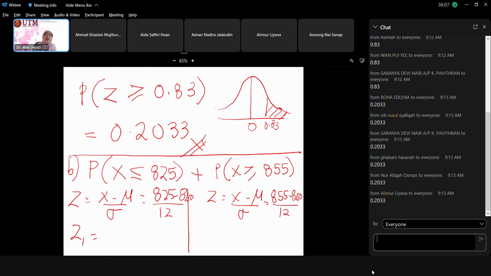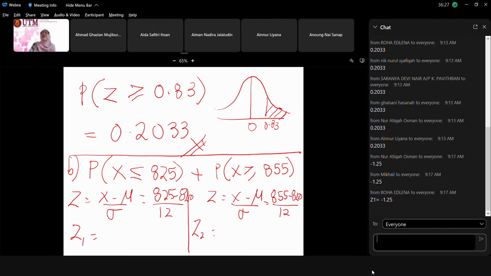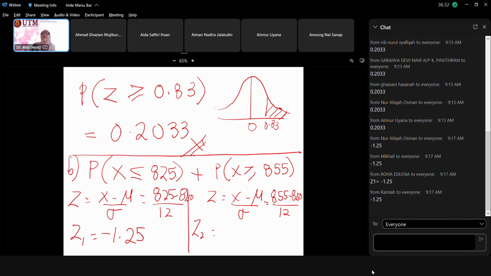Can somebody get me the answer for Z1? Anyone? Okay, negative 1.25. How about Z2?